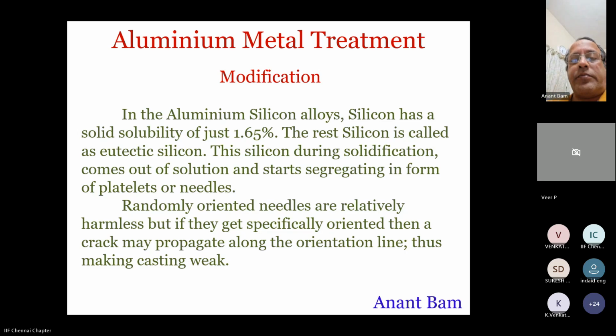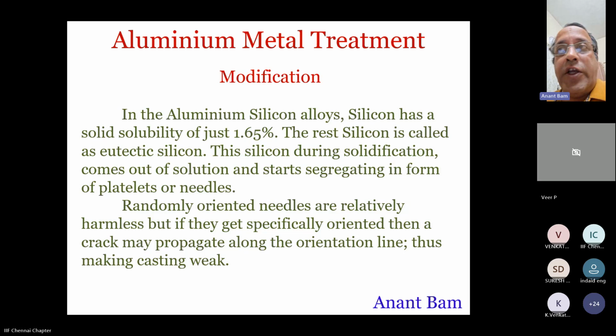But if there is some iron impurity, then the iron magnesium silicon intermetallic compound plays a crucial role, making these platelets or needles specifically oriented. In that case, a crack may propagate along them because these needles are of silicon.